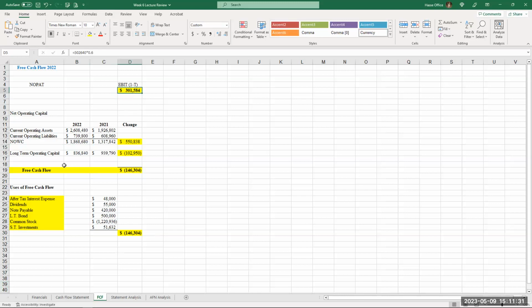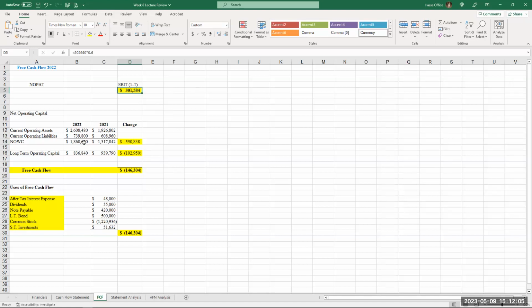Then the delta of operating capital, current operating assets, current operating liabilities. That's called net operating working capital. How has that changed in the last year? And long-term operating capital, which is how it's changed for fixed assets. So this company generated net operating profit after taxes of $301,584. They spent cash of $550,838, which is the delta between the working capital.